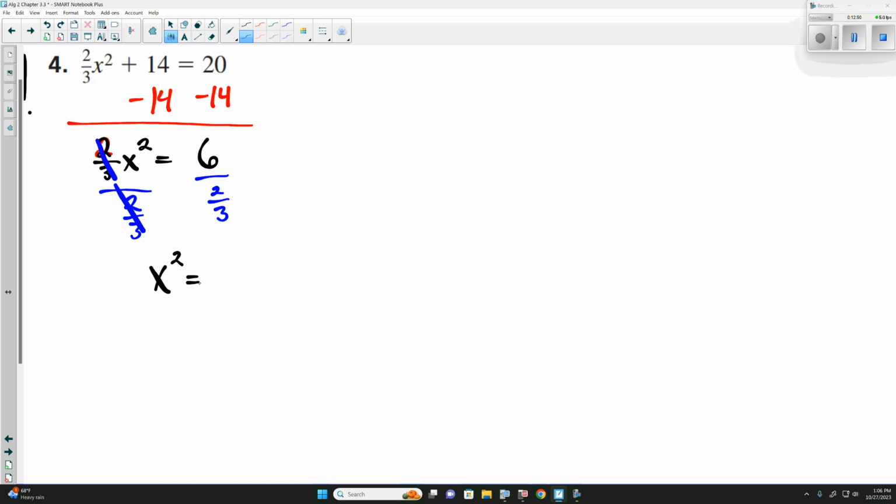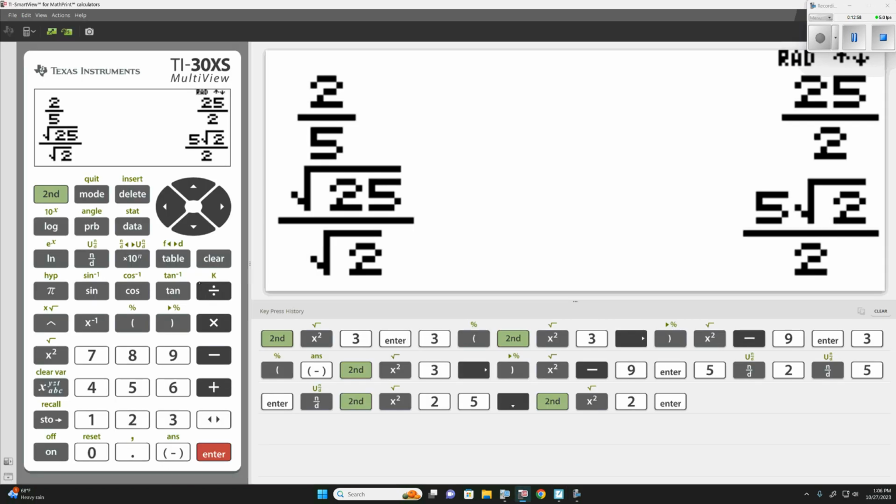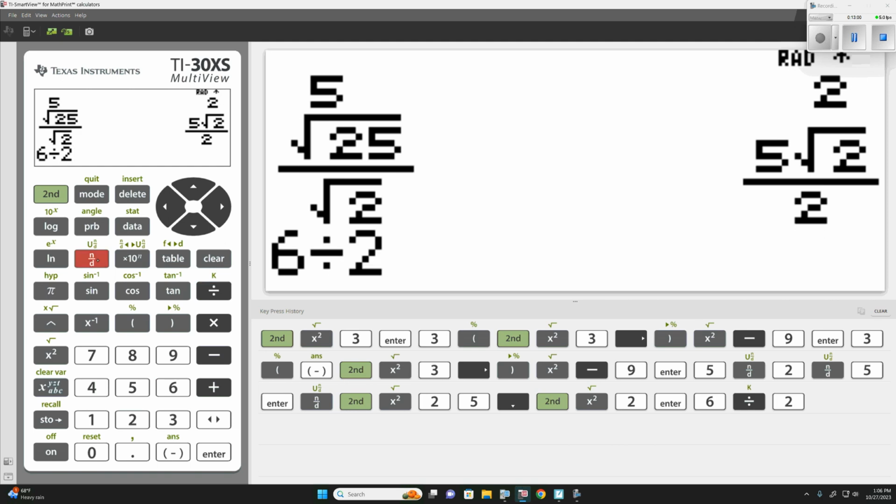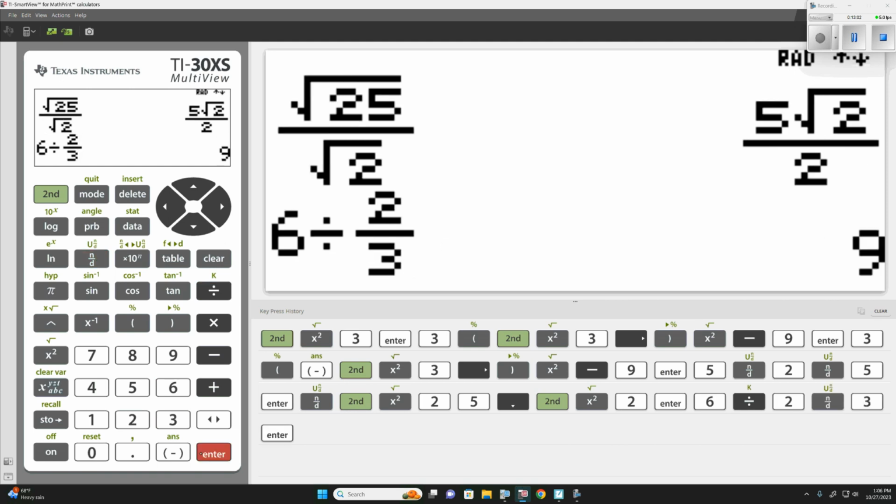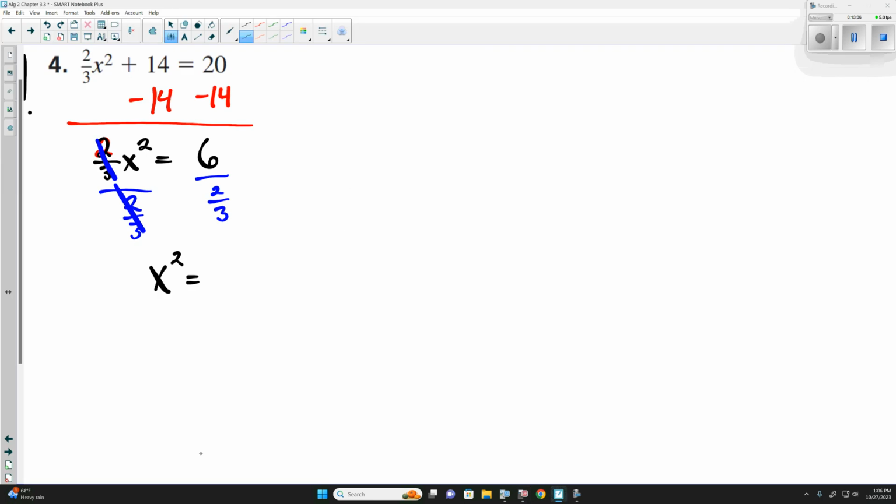So we did our addition, which gave us 2/3 x squared equals 6. So the last step in getting x squared by itself is dividing both sides by 2/3. So we can say 6 divided by 2/3 is 9. So we're saying x squared is equal to 9.